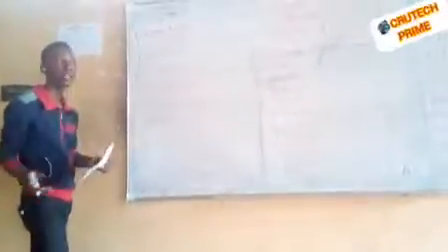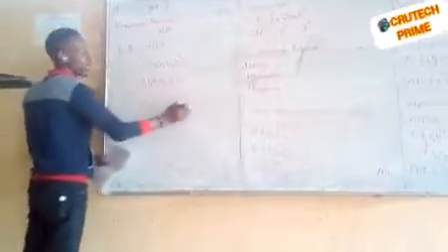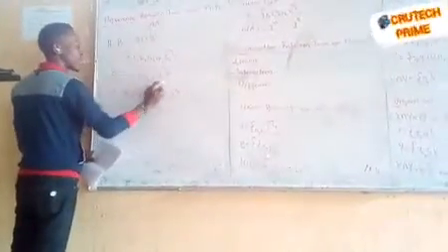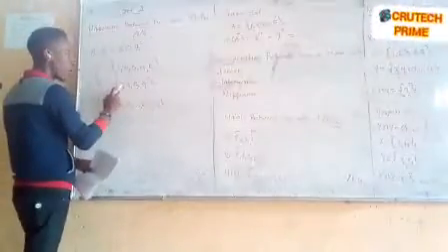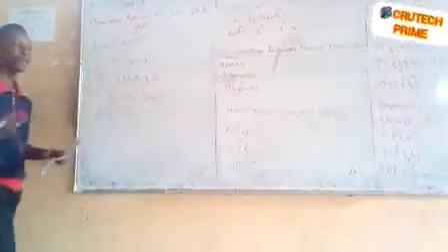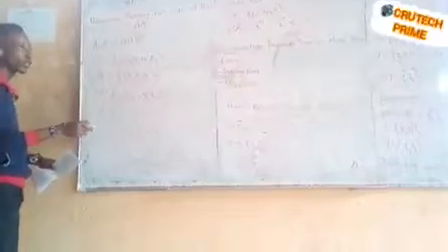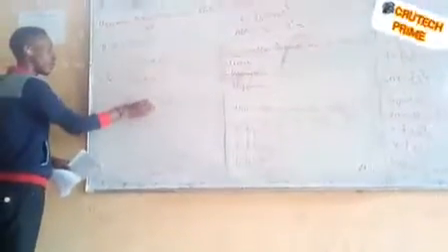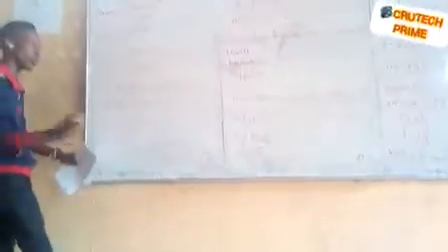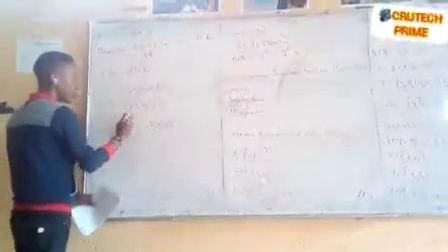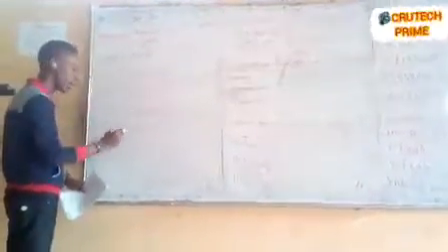Let me go back again. B complement has the elements of the universal set that are not in the B set. So let's look at it. We have 1, 3, 5, 9 in B. So what is in the universal set that is not here? That is B complement, as easy as that. 1 is here, there's no 2 here, so we have 2.